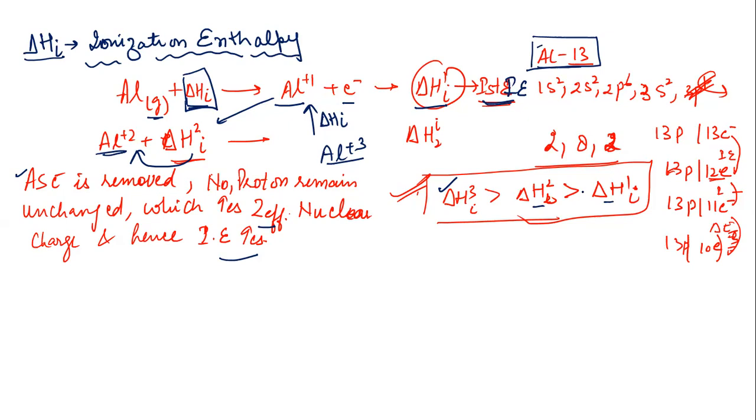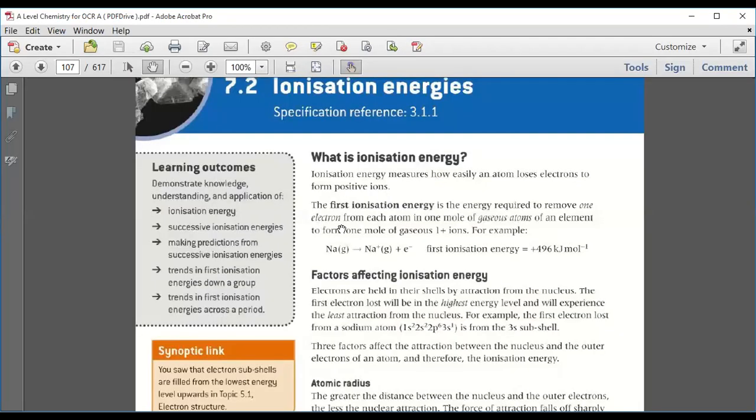Now coming to your book, what it is saying. We will read out whatever there is in the book. Ionization energy measures how easily an atom loses an electron to form a positive ion. With ionization energy, we always get a positive ion.